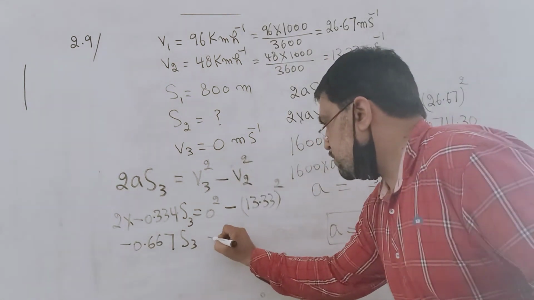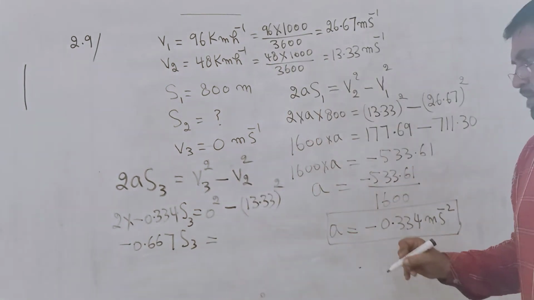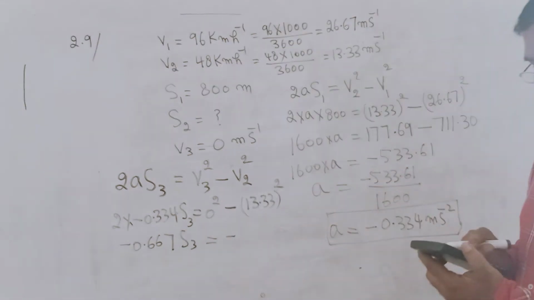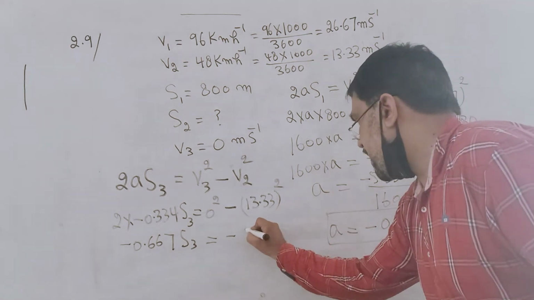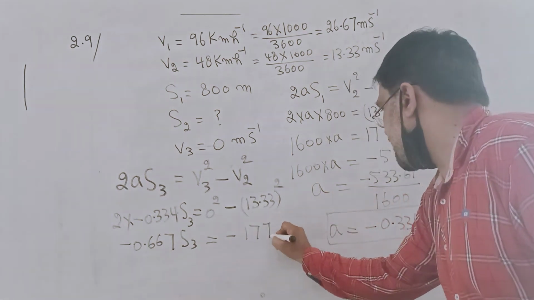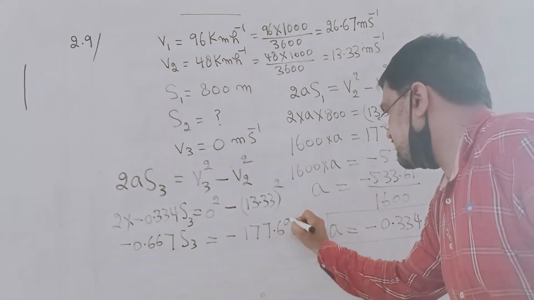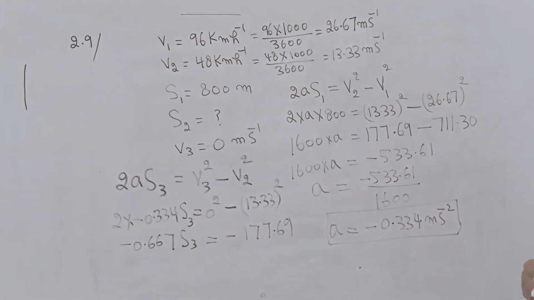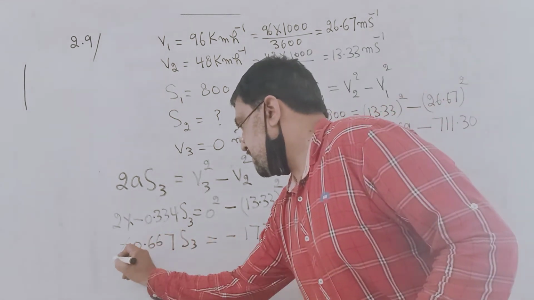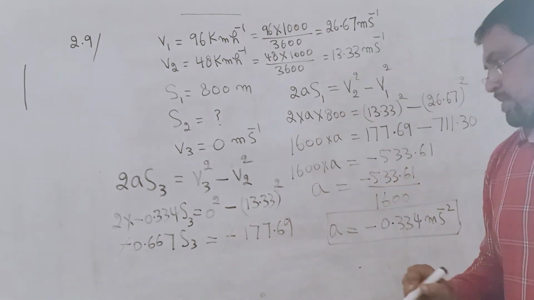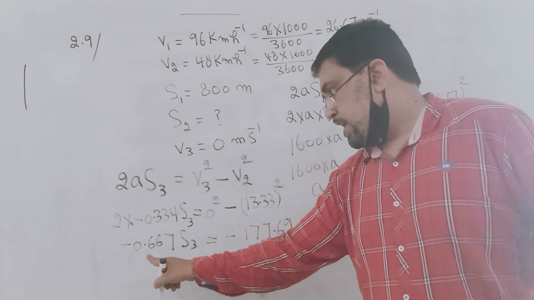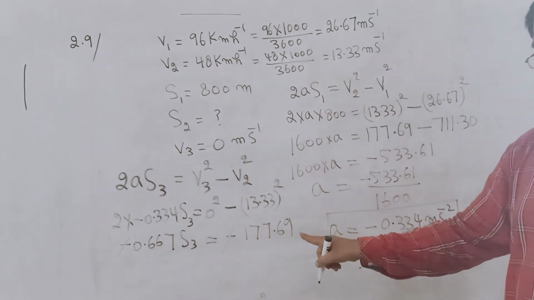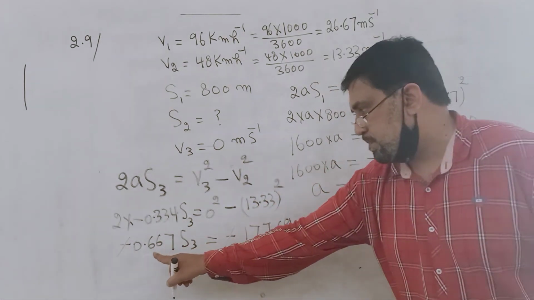Zero square is 0, minus 13.33 square is equal to 177.69. Minus is cancelled with minus. 0.667 is multiplying on the left hand side. When we bring 0.667 to the right hand side, it will be divided.